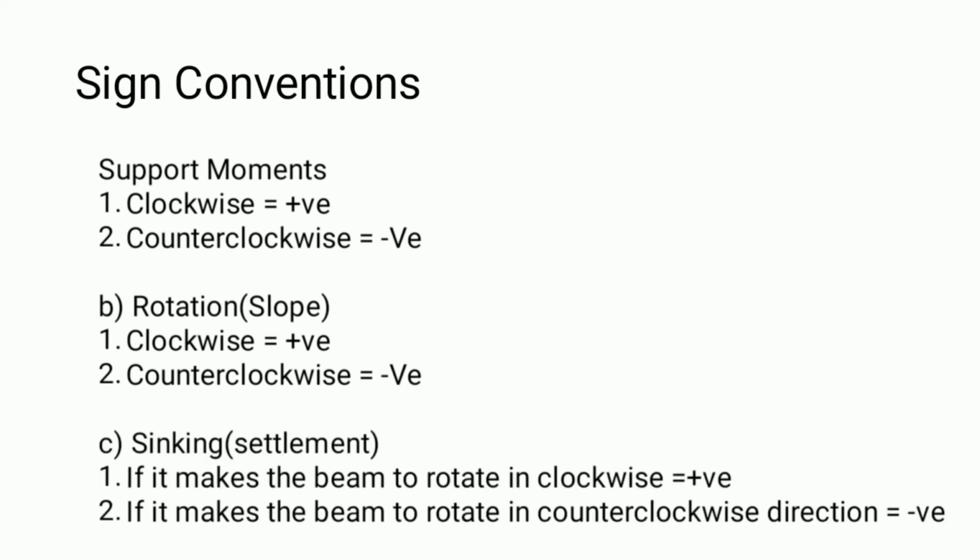When a member sinks, the settlement or sinking will be taken as positive if it rotates the beam as a whole in clockwise direction, and negative if it rotates the beam as a whole in counterclockwise direction.